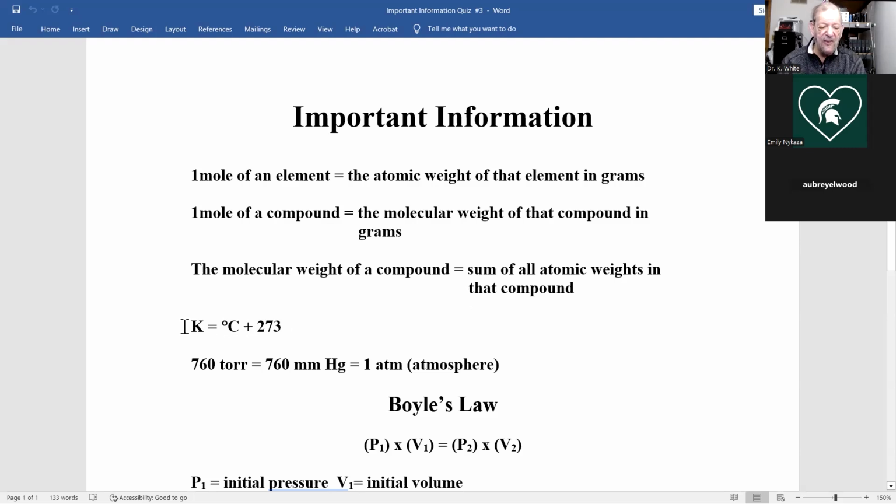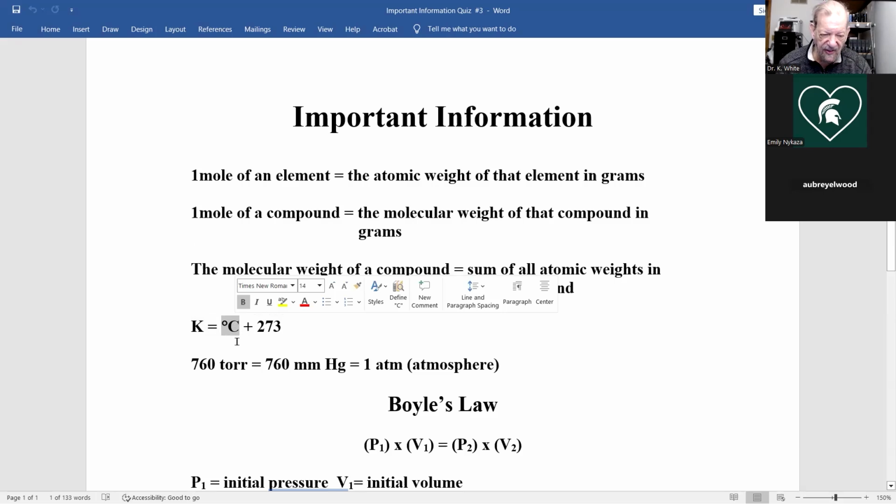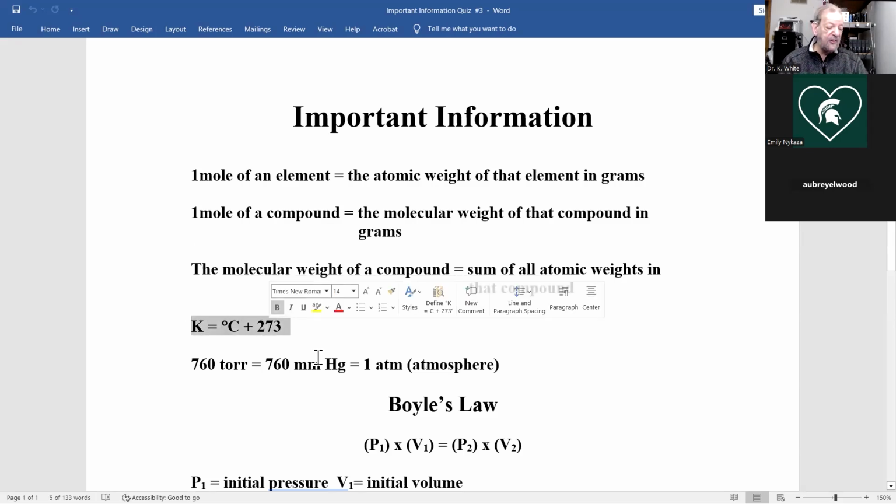Finally, temperature is always in Kelvin, but I've never seen a thermometer in Kelvin. But degrees C, yes. And you'll need to know how to convert degrees C to Kelvin using this formula, which you used for, I believe it was quiz 1 or 2.